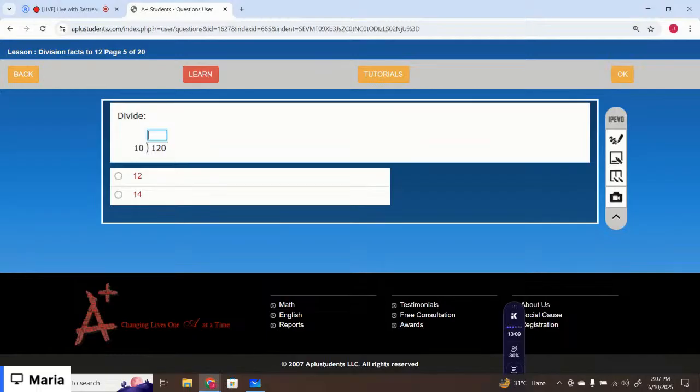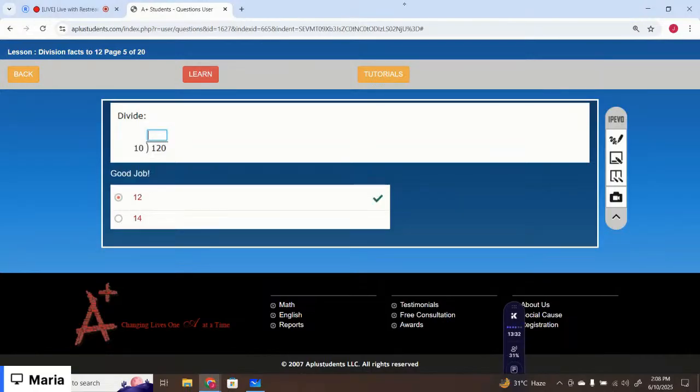10 times what number is 130? Which is the correct option? 10 times 12 is 120. Option number 1 is the correct option.